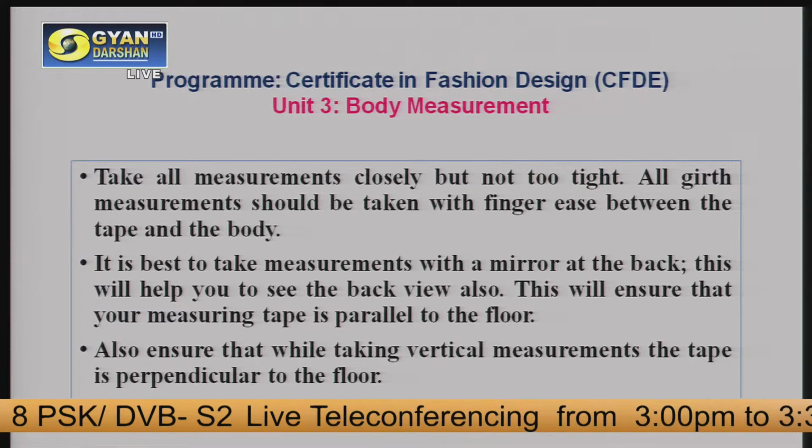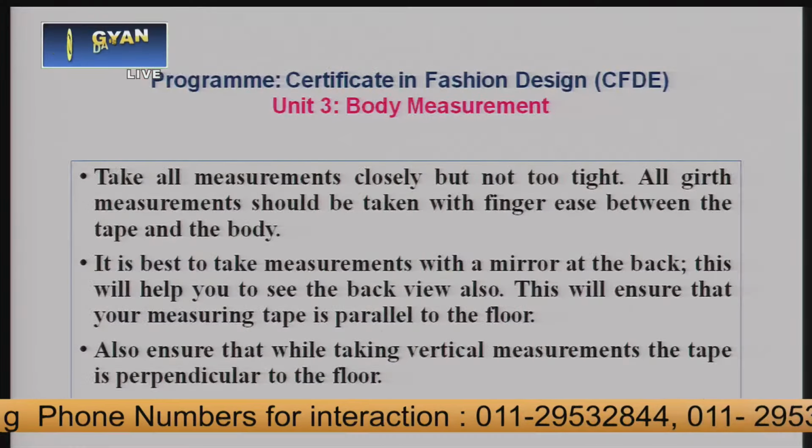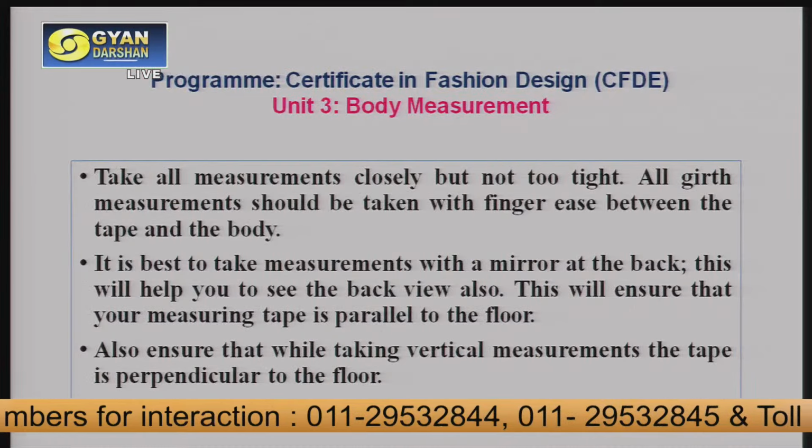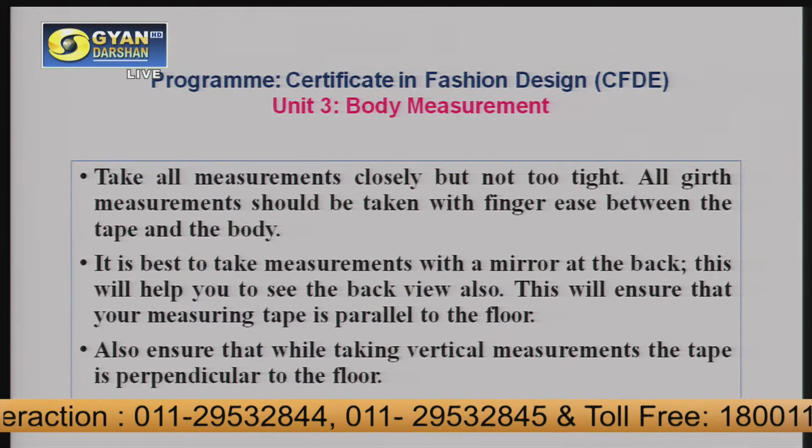Suppose you are taking the waist measurement: if the measuring tape is put around the waist of the person, there should be a finger ease between the body and the tape.